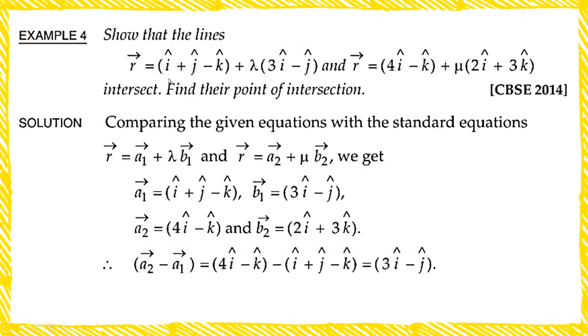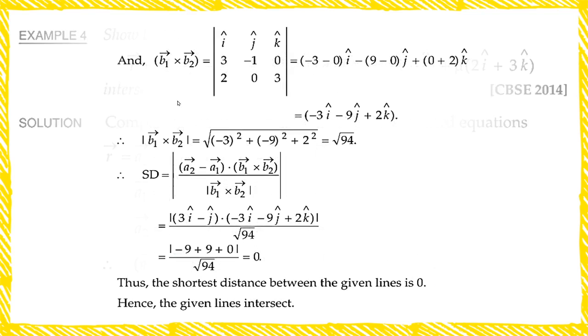Next question: show that the lines intersect and find their point of intersection. First of all, compare the given equations and find the values of A1, A2, B1, B2. Same as the last question, we need first of all A2 minus A1, we'll calculate. Then we need the cross product of B1 and B2, we'll calculate.